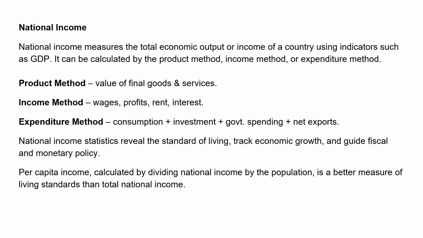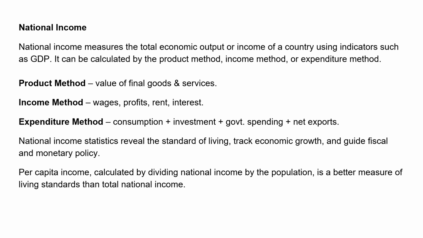Now, let's understand what is national income. National income measures the total economic output or income of a country using indicators such as GDP. Lately, you must have heard that India is now the fourth highest GDP in the world, which basically means in India you're producing the fourth highest income as compared to the entire world, and it has also surpassed Japan.